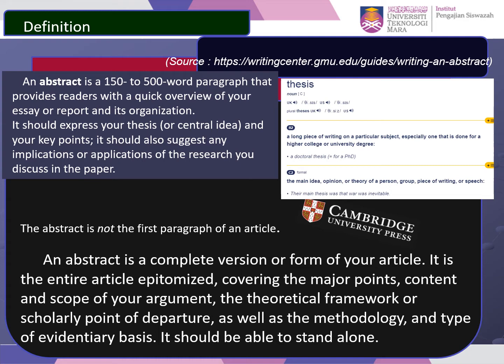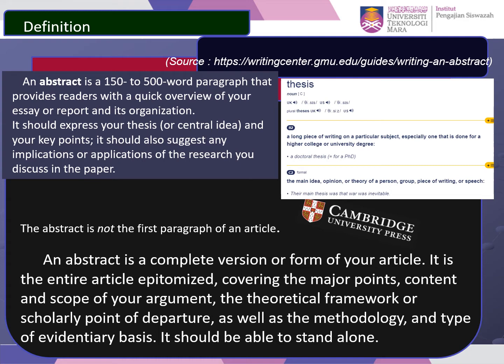This is very related to you because I know that you are students currently pursuing masters or PhD. Thesis also formally means the main idea or opinion or theory of a person, group or piece of writing or speech. So when I say thesis in this presentation, it can also mean the main idea. You can refer to the thesis, the book, or your main idea.